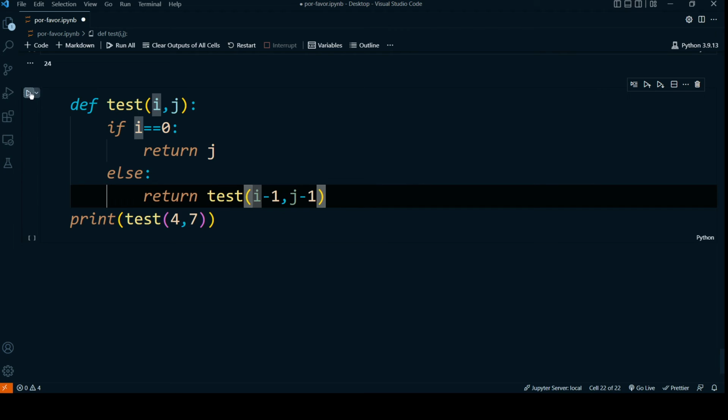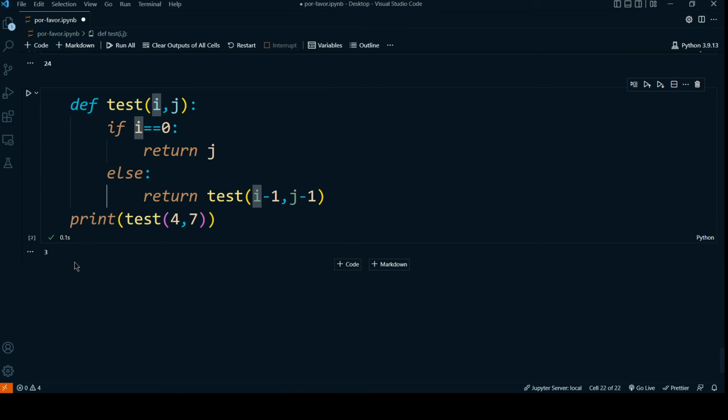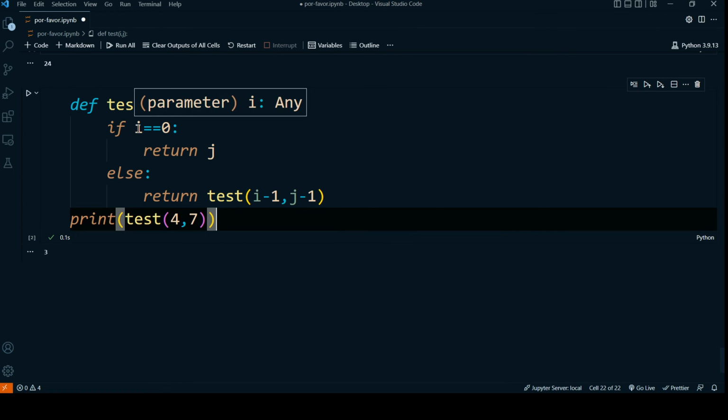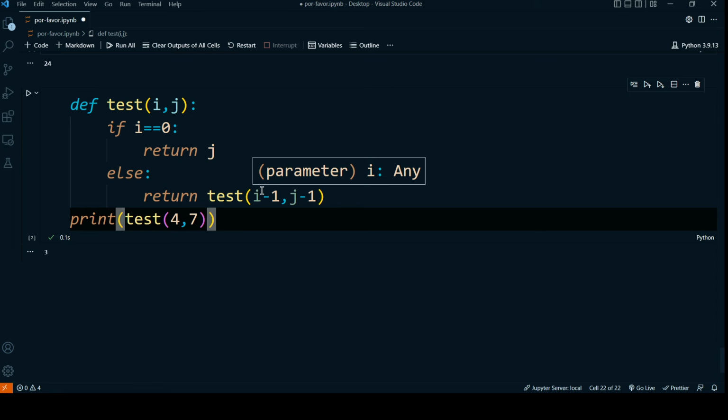Okay, if we try to run this code, it is returning 3. Why is it returning 3? First of all, it will call the test function, and our Python interpreter will check if i is equal to 0. Look over here, the value of i is equal to 4. So it will go to the else condition. What does the else condition do? It uses recursion.